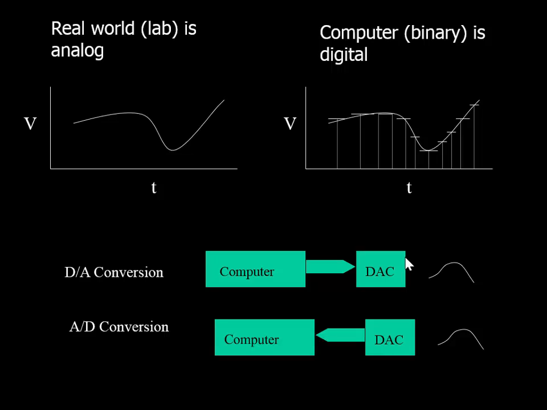So obviously, if we want to take data and sample it and put it into a computer, we have to go through an analog to digital conversion. If we want to take the data out, we go through a digital to analog conversion. Now, for control systems, our requirements are much different. When we look at embedded systems, we may want to sample things such as temperature.